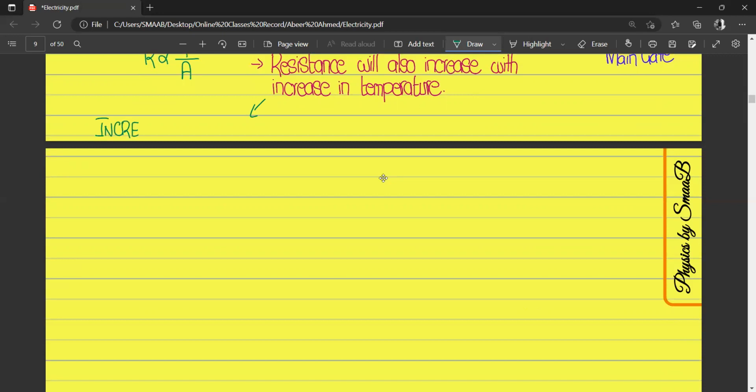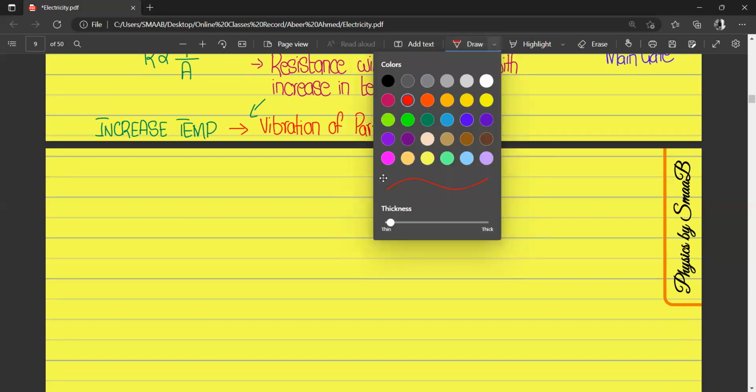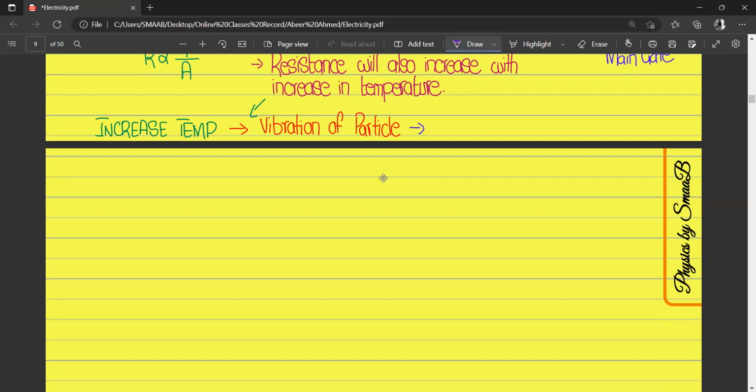So the overlapping or the hindrance will automatically increase with the increase in temperature, right? So if we increase temperature, that will also change the vibration of particles, or you can say that the temperature will affect the vibrations, and that will create more hindrance, or you can say the overlapping.